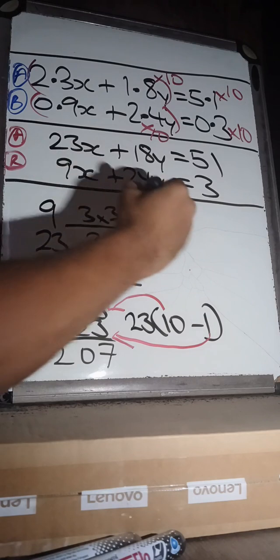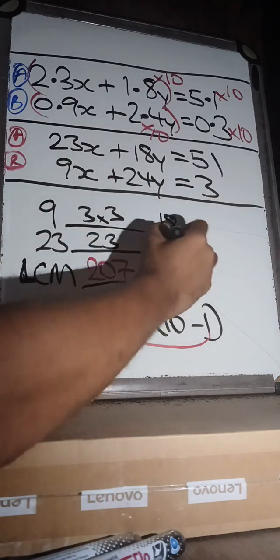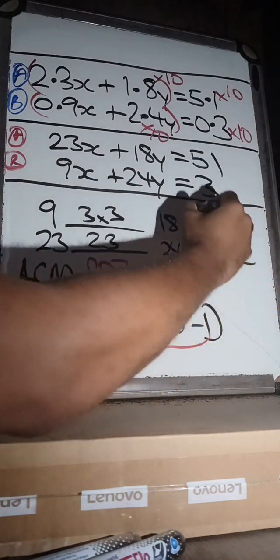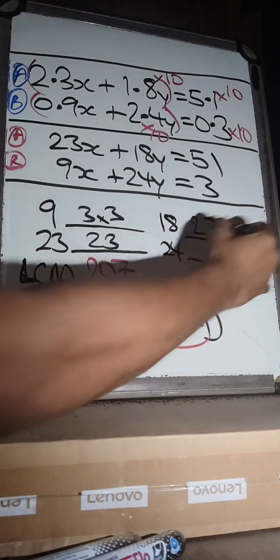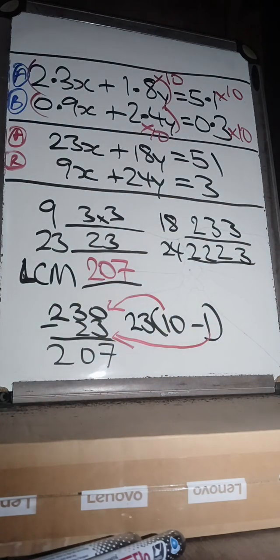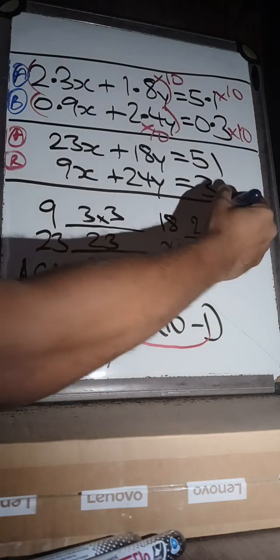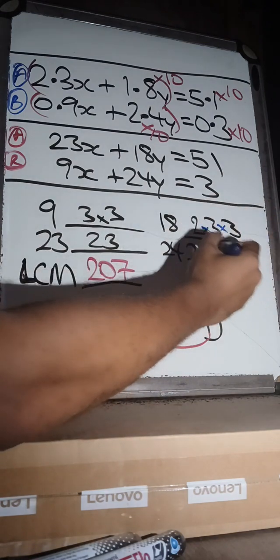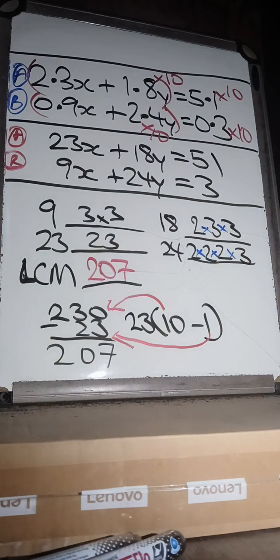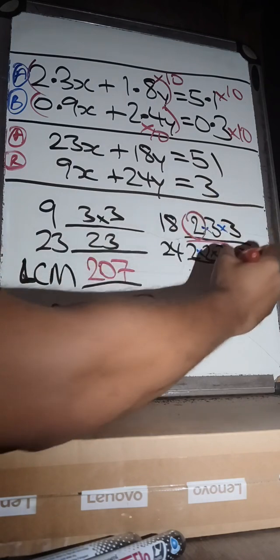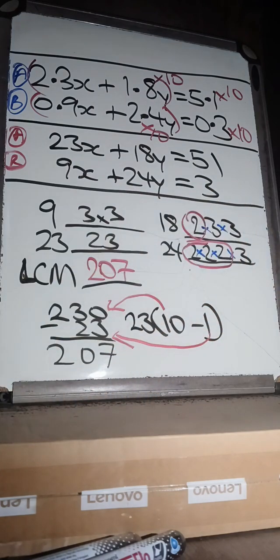Now, the 18 and the 24. 18 and 24 is different now. This is 2 by 3 by 3. So this one now we have to be a little bit more careful with. So circle this and circle that.